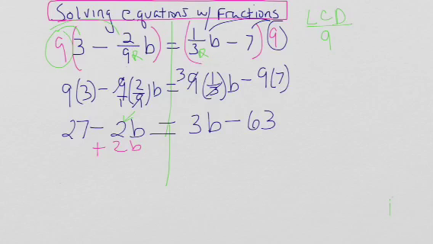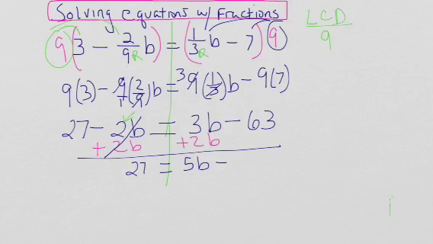And if I add 2b on the left-hand side of the street, I have to add 2b to the right-hand side of the street. Again, you want to make sure you add friends with friends. So this is a zero pair, and I'm left with on the left-hand side 27 equals 3b's plus 2b's gives me 5b's minus 63.